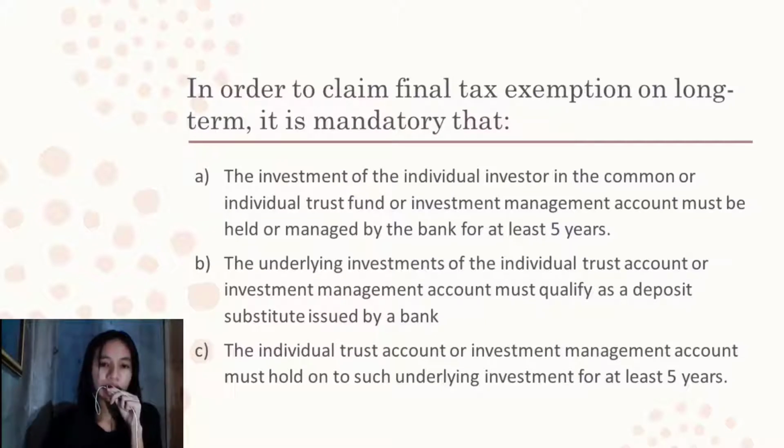Take note, at least 5 years. B. The underlying investment of the individual trust account or investment management account must qualify as a deposit substitute issued by a bank. And then C. The individual trust account or investment management account must hold to such underlying investment for at least 5 years.